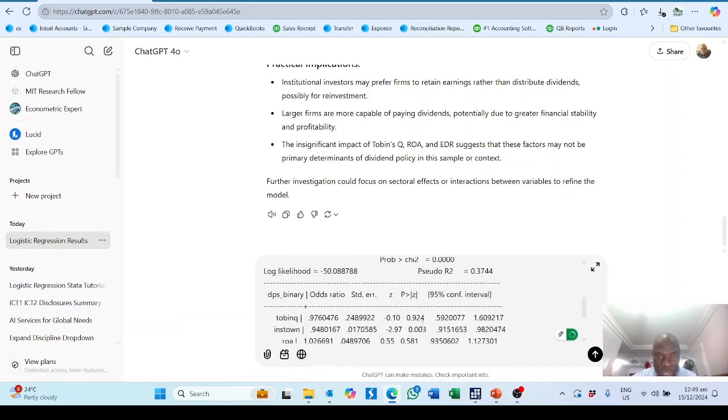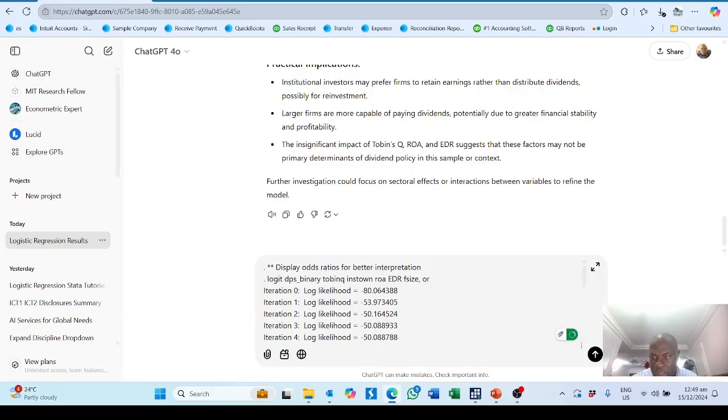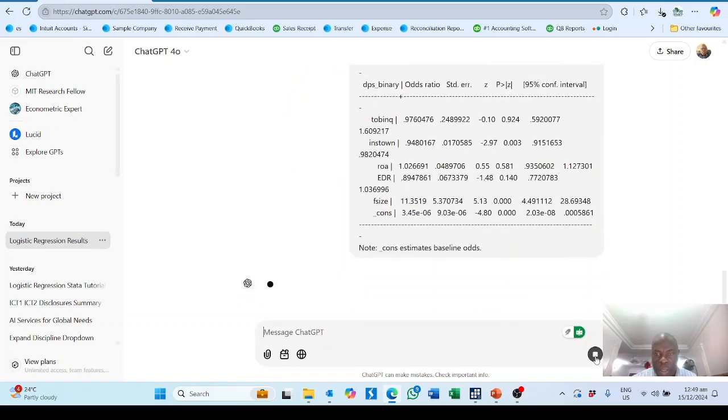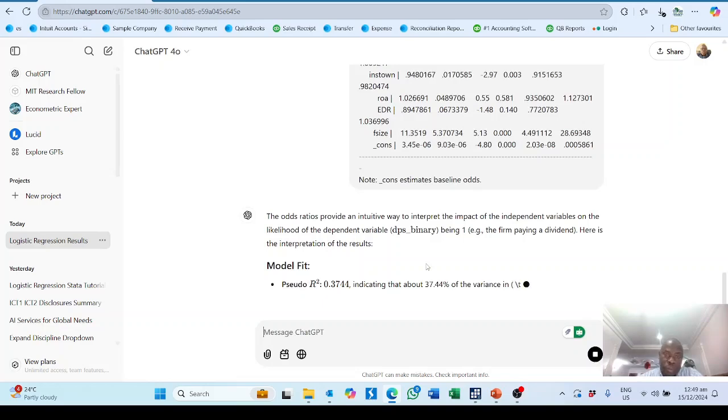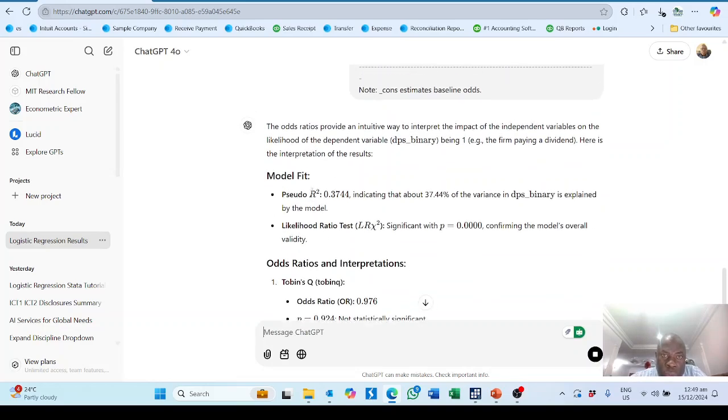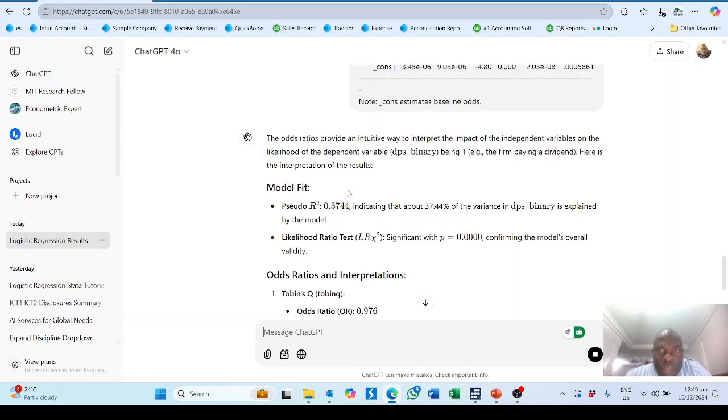So ChatGPT will also give us a quick interpretation of the odds ratio. The odds ratio provides an intuitive way to interpret the impact of an independent variable on the likelihood of the dependent variable being one, that is the firm paying dividends.